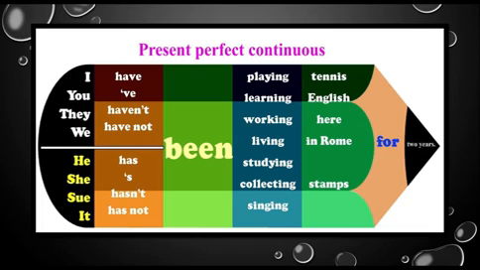And you have in the first column the pronouns. And in the second column, you have the auxiliary have or has. And you can see the difference and the use of have and has.